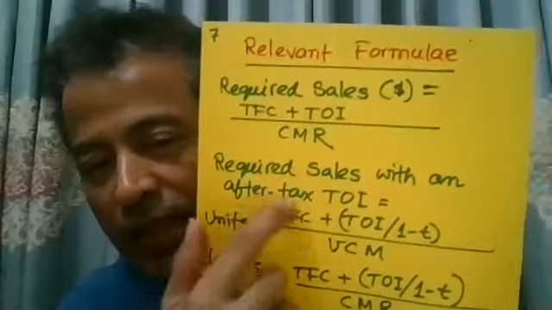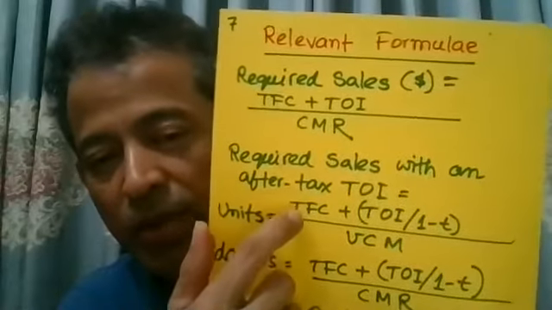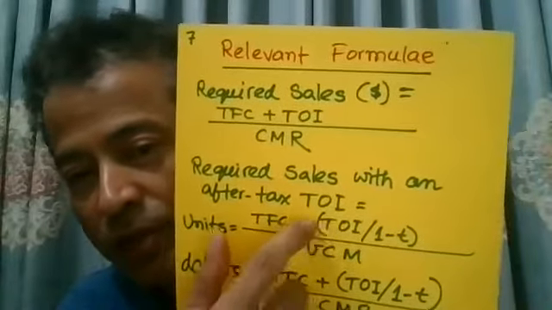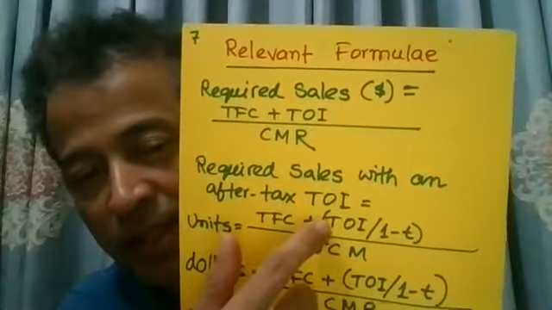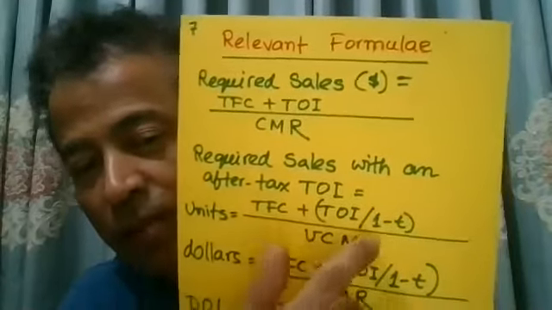So TFC remains unchanged. TFC is the original burden. Now TOI, the $1,000 expected operating income, is divided by 1 minus the tax rate, 1 minus T. Your tax rate is 0.25, so 1 minus T is 0.75.